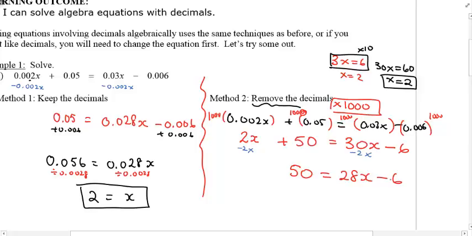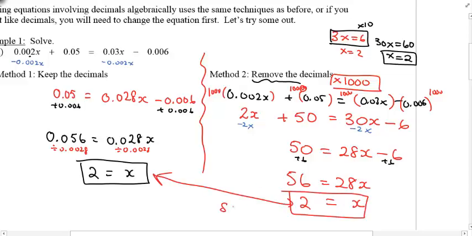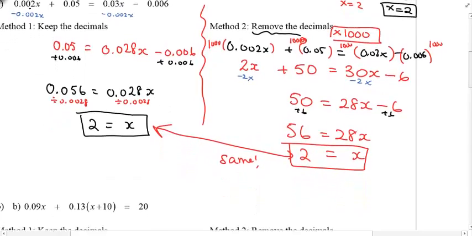I'm going to add 6 to both sides. 56 equals 28x. And then we'll solve for x by dividing by 28, so x equals 2. Same answer. Yay! I don't know which one you like, but for those of you who hate decimals, probably method 2 is the one for you.